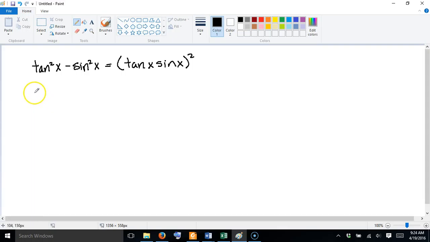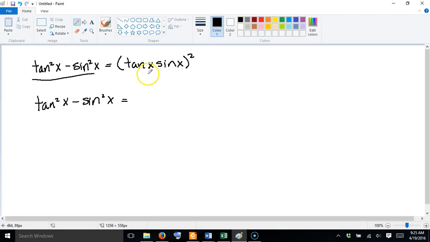What I'm going to do is take this side right here and try to simplify it down to make it look like this side of our equation. So tangent squared x minus sine squared x. What I would do first on this one is put everything in terms of sine and cosine.